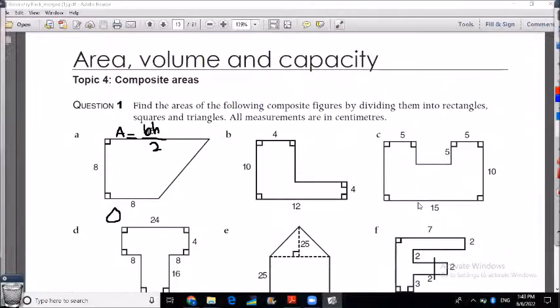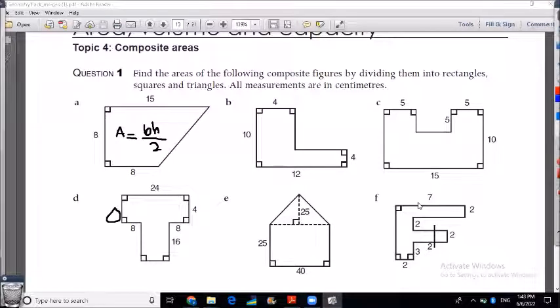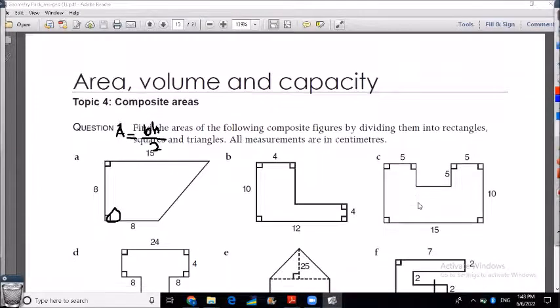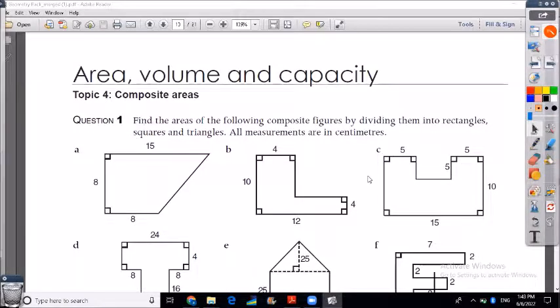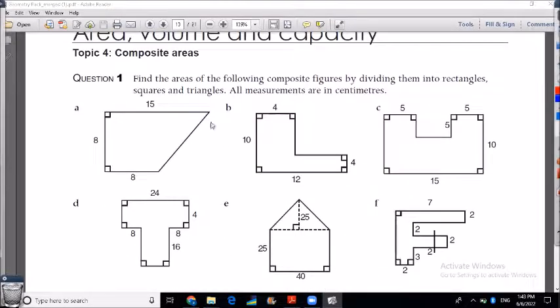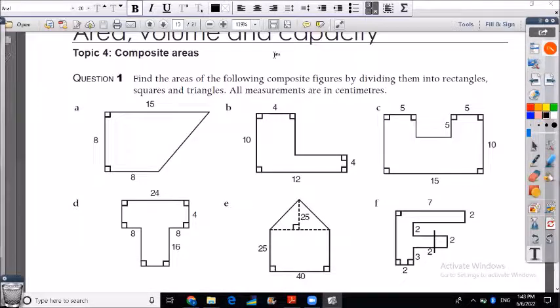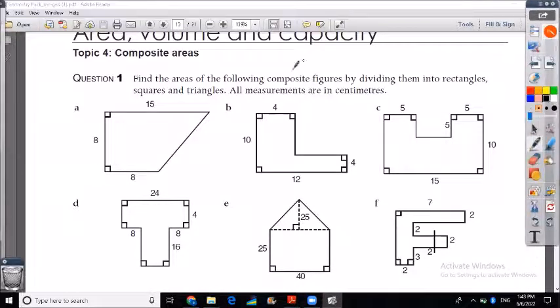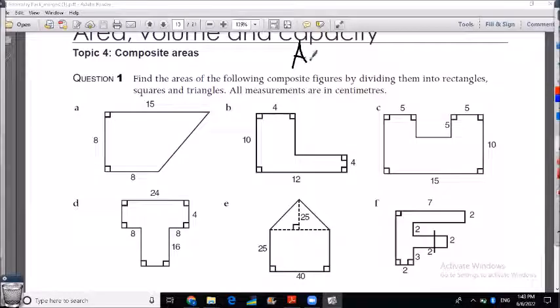That's it. Moving on to page 12, which is the last page in today's homework, is the area and volume and capacity. But this page has only area. So, what's the area of a trapezium? We agreed it's A equals H times (B1, which is base 1, plus B2) over 2.